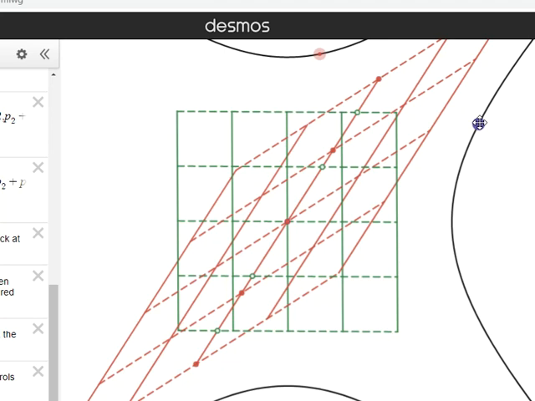The red solid dots represent the tick event for the central clock. So it goes tick, tick, tick, tick, tick.